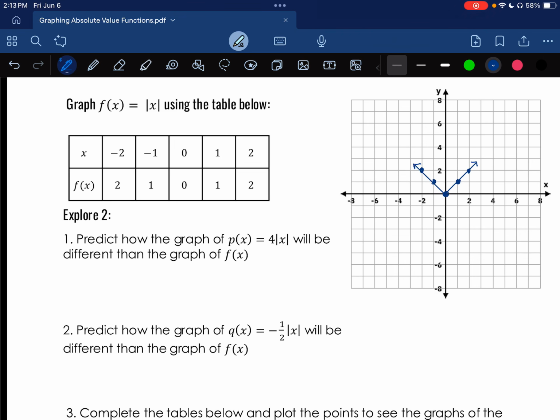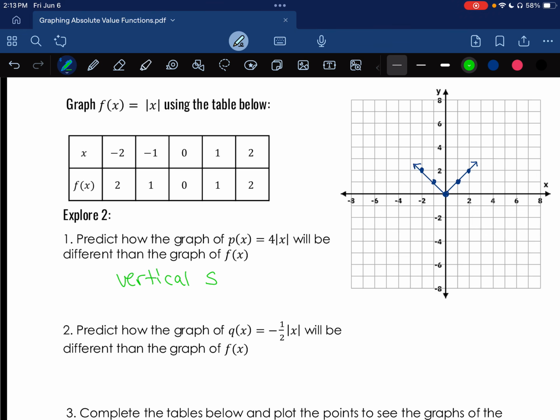All right, in predicting how you think this one is going to vary, you probably said something like it's going to be 4 times as tall. We're going to call this a vertical stretch by 4.